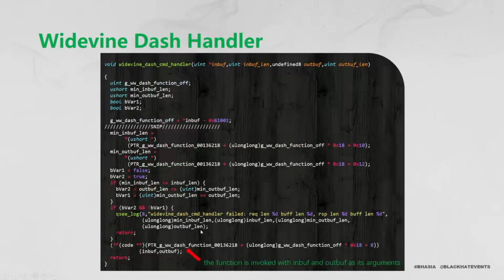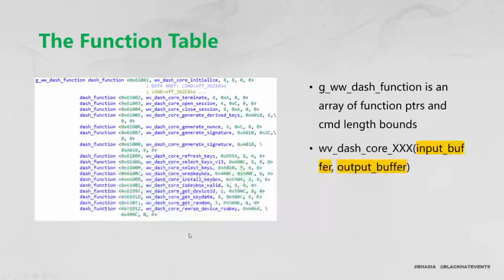In this line, we could find that finally a function will get called, and the pointer of this function is read from a global pointer, and also the bound check on the input buffer and output buffer. The bound value is also read from somewhere near this pointer. So we find it and let's see what it will do.